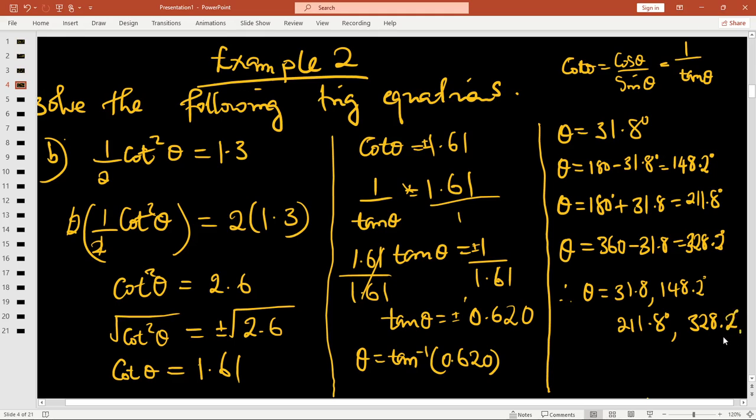Okay, so these are the solutions to the question that we had here. So when you're solving a trig equation and you notice that you have a trigonometric identity in it, you can just recall the trigonometric identity, then you make a substitution and you solve for the required solutions this side here.